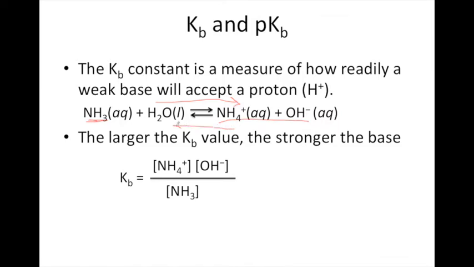The reaction would not proceed very far at all before equilibrium is reached. So if Kb was very small, we would have a high concentration of ammonia, and very little of our products would be formed at equilibrium, so it would be a very weak base, with very little protonation of our base.